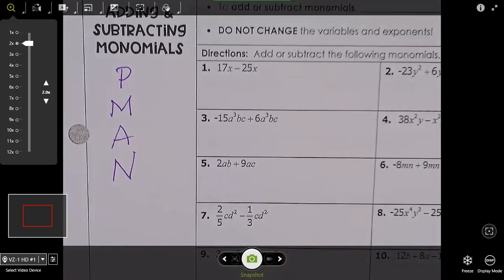So it's P-Man. Do you remember P-Man, Philip? Okay, so this is what P-Man stands for.